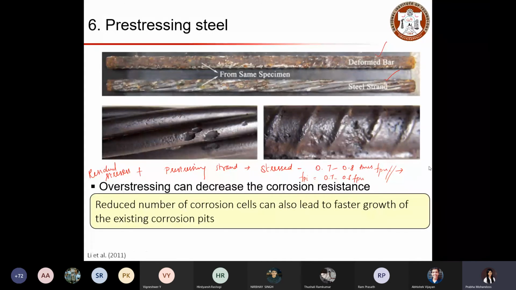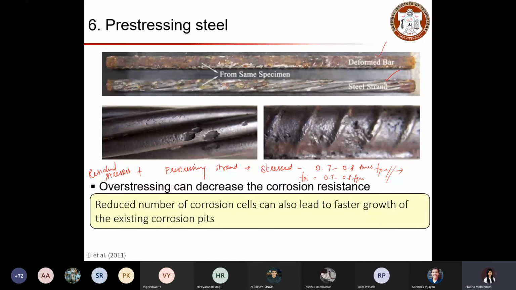So overstressing can decrease the corrosion resistance. Overstressing, in the sense, when we increase the initial pre-stressing beyond this level, then the corrosion resistance can be significantly reduced because that will be in a higher energy state, so that tends to react faster. The reduced number of corrosion cells can also lead to faster growth of existing corrosion pits.